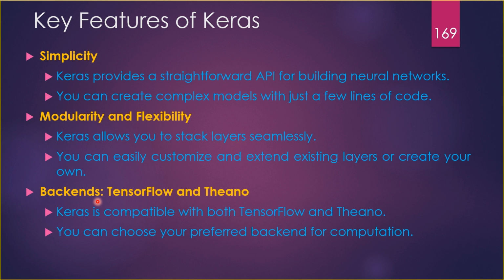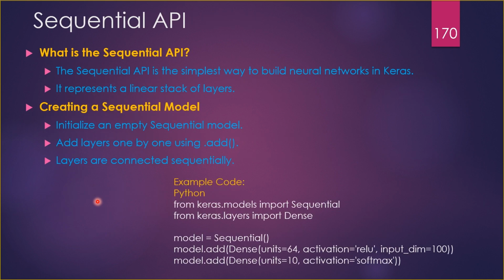Okay, so let's move on. I've written a very small piece of code for you to understand what we're going to do. Using Keras, the first thing we have is the sequential API. What is this? The sequential API is the simplest way to build a neural network in Keras.